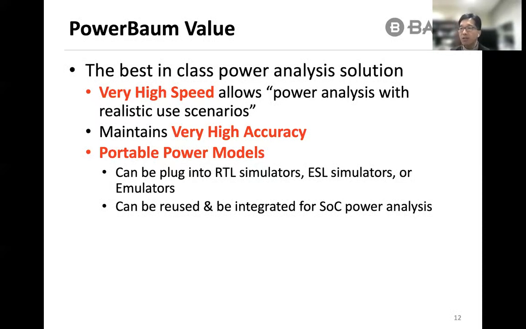We still keep very high accuracy because the power model is extracted from actual design analysis. The power model is portable, so it can be used over and over for different designs and under different test scenarios. IP power models can be integrated, which is an ideal power analysis solution for SoC or AI kinds of chips.